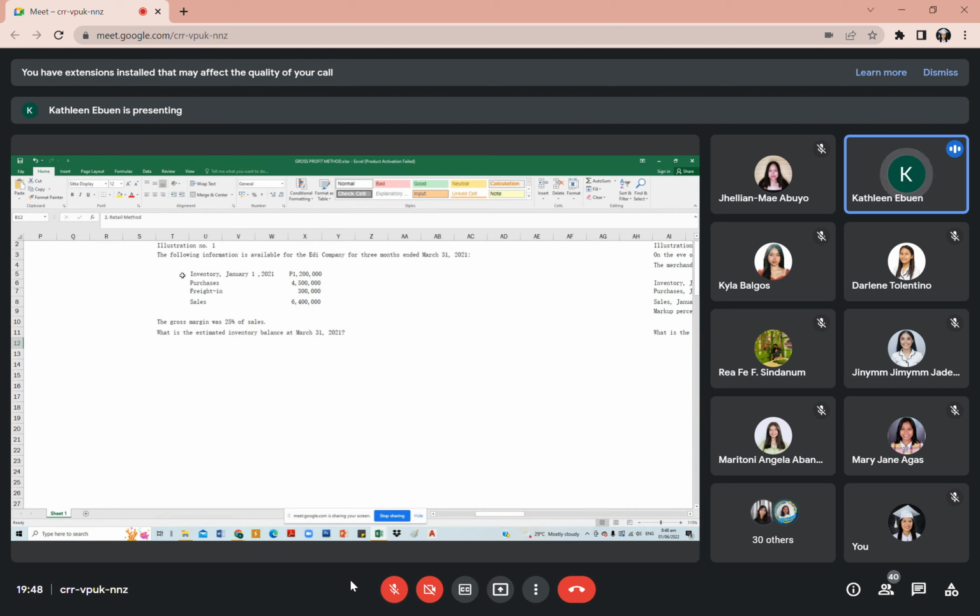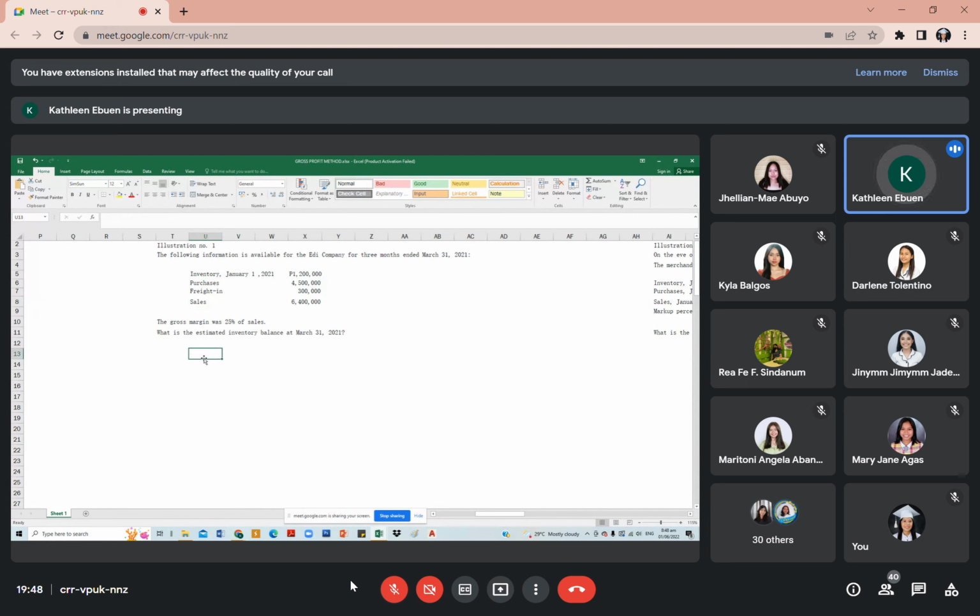Inventory for January 1, 2021 is 1,200,000. This is the beginning inventory. We have the purchases, 4.5 million. Freight in, 300,000. And we have sales, 6,400,000. The gross margin was 25% of sales. What is the estimated inventory balance at March 31, 2021?